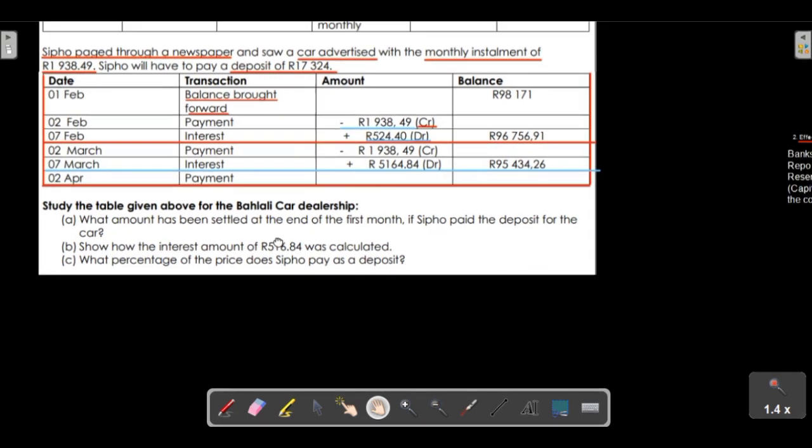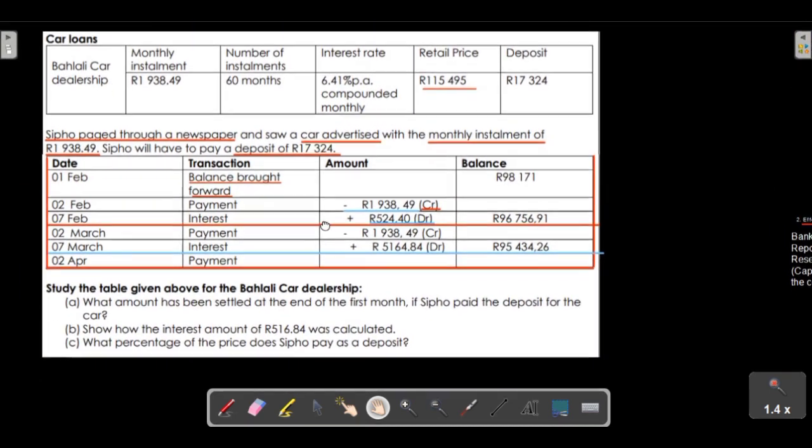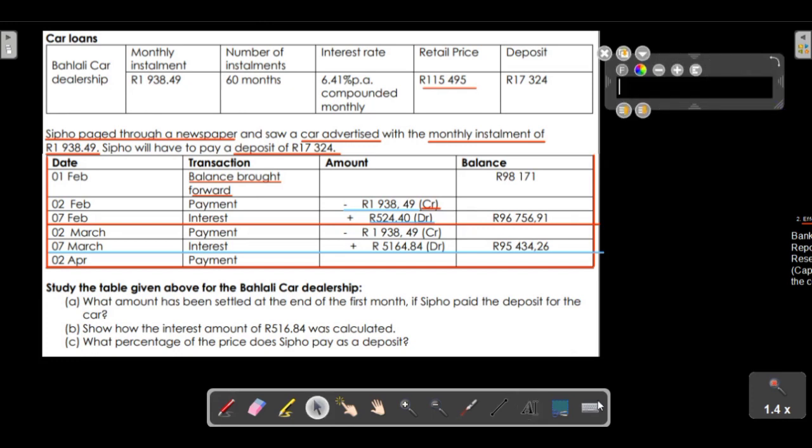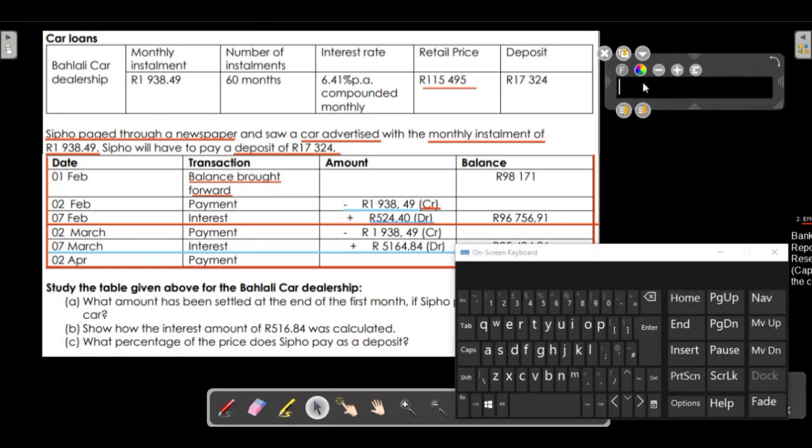Now guys, we said that the retail price is 115,495 and he paid that amount. So let's first calculate if what we are seeing here is really correct. We are basically calculating the loan amount, right?